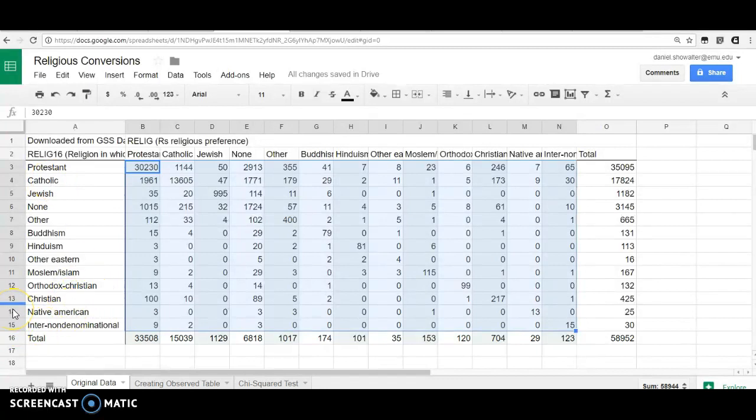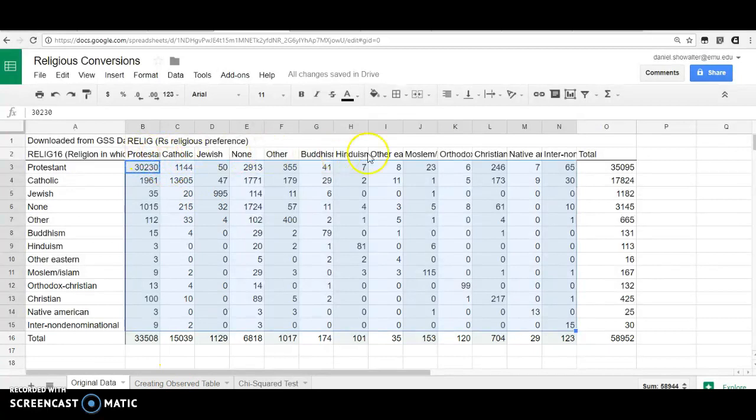I also took out Native American, not because I don't respect and care for Native Americans, but because these numbers are so low. And one of the downsides of a chi-squared test is you really do need at least a minimum sample size there. And then I also took out other just for the sake of a more clear-cut analysis for this class.